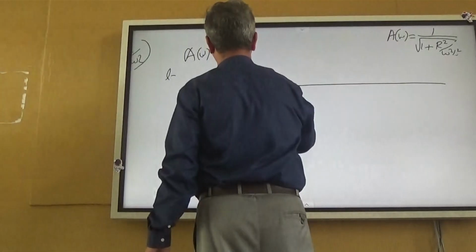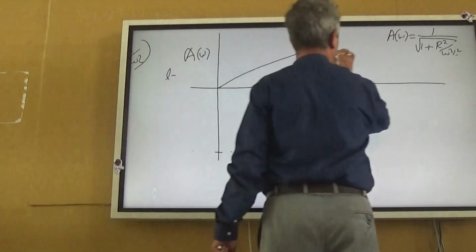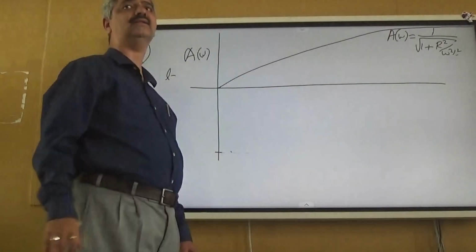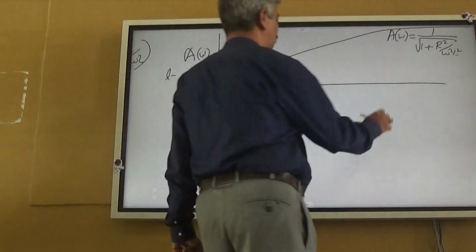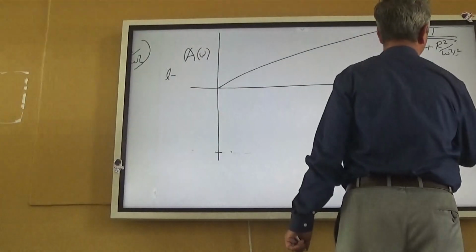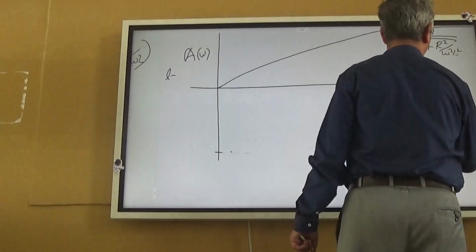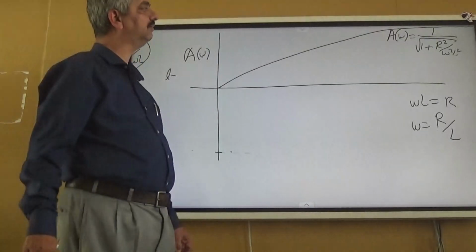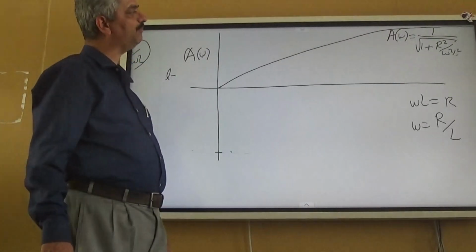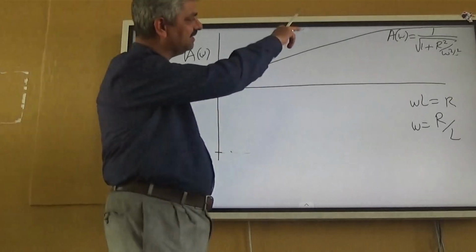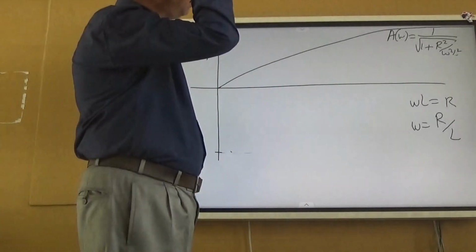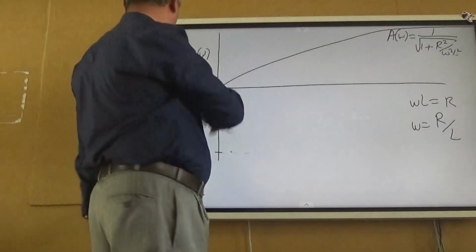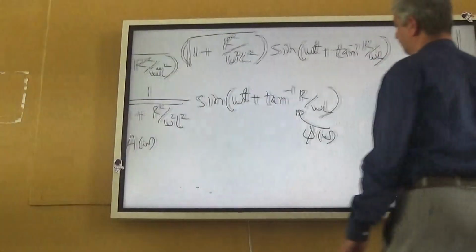And at omega L equal to R, that is at omega equal to R by L, it would be 1 upon, some mistake is there in R, in omega square, just verify the previous one.